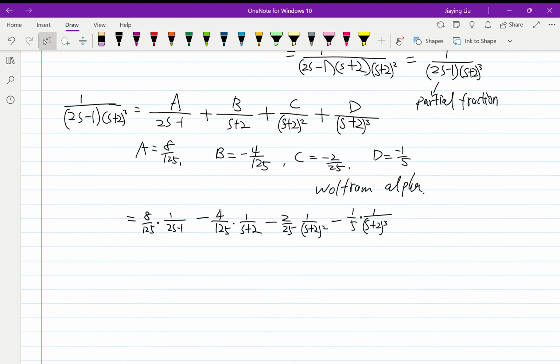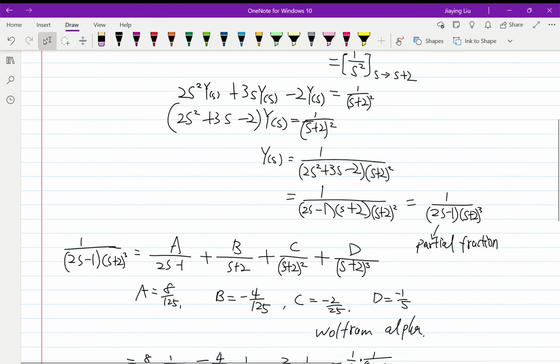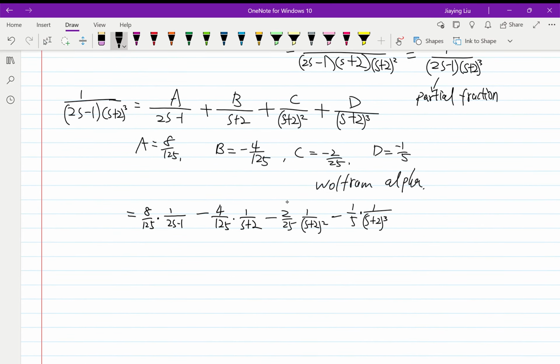And then we can just apply the inverse Laplace transformation to all of those to get y of t. And when we do that, we don't have to keep the constants inside, we can keep them outside, so that we have 8 over 125 inverse Laplace of 1 over 2s minus 1.